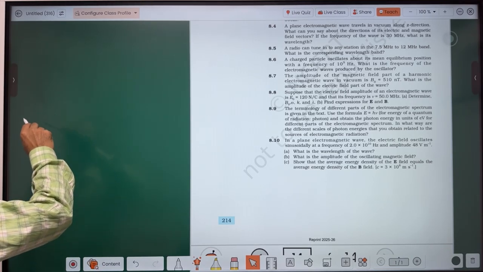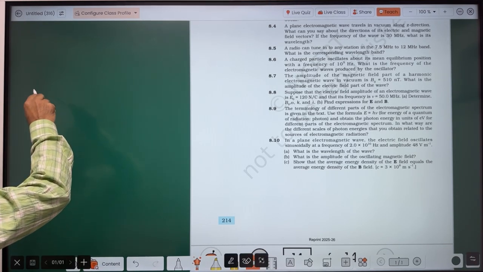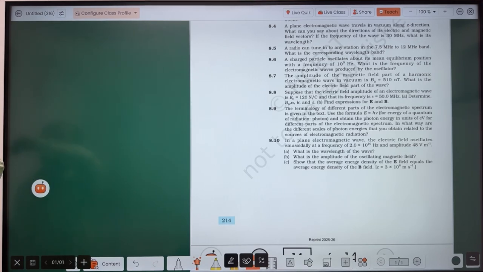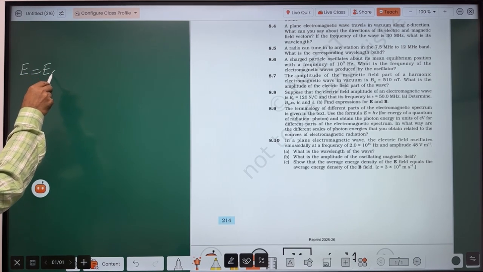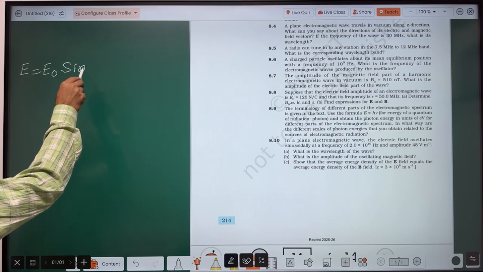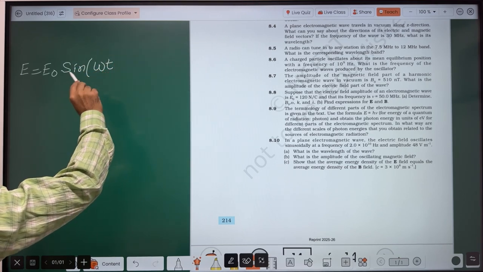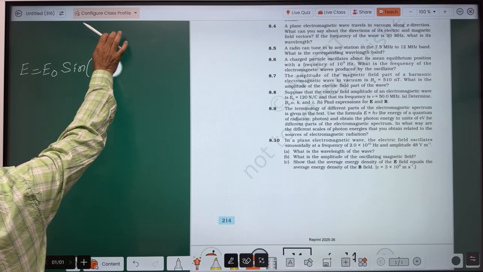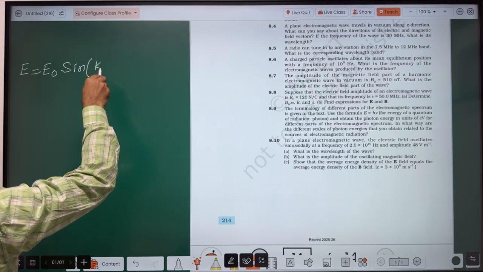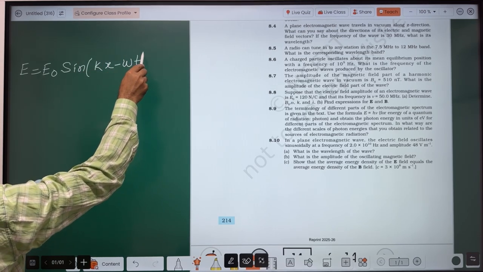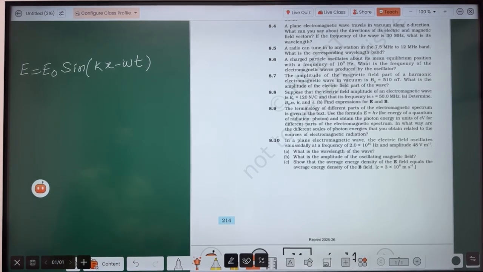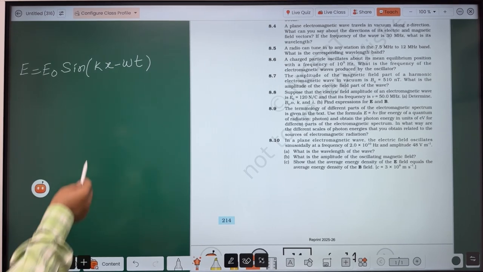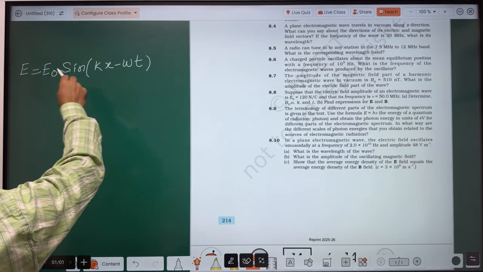So if we assume that the wave is traveling along the x-axis, the magnetic field is along the z-axis and the electric field is along the y-axis, we can use E equal to E0 sine of omega t plus kx, or just reverse, we can write kx minus omega t. Both possibilities are possible if it travels along the negative axis or along the positive axis. So we will decide that later on.